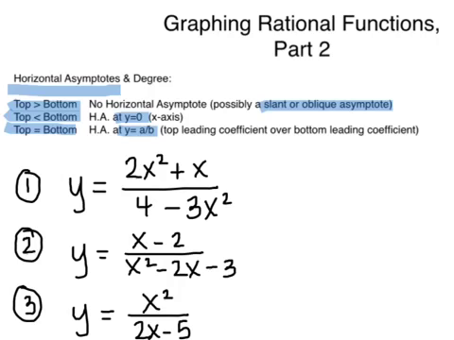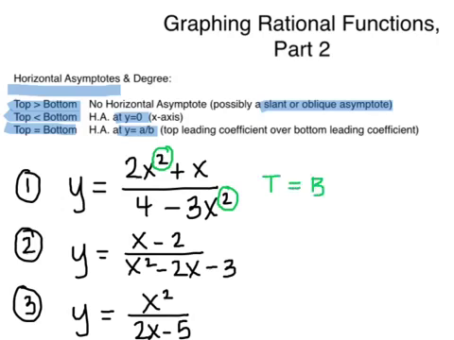So in these 3 examples, let's first determine which is bigger, the top or bottom degree. In the first, the top degree is 2, the bottom degree is 2. The highest degree doesn't always have to be the term in front, because it may not be written in standard form, but you look for the highest degree in either the top or the bottom. So the top degree is equal to the bottom degree.